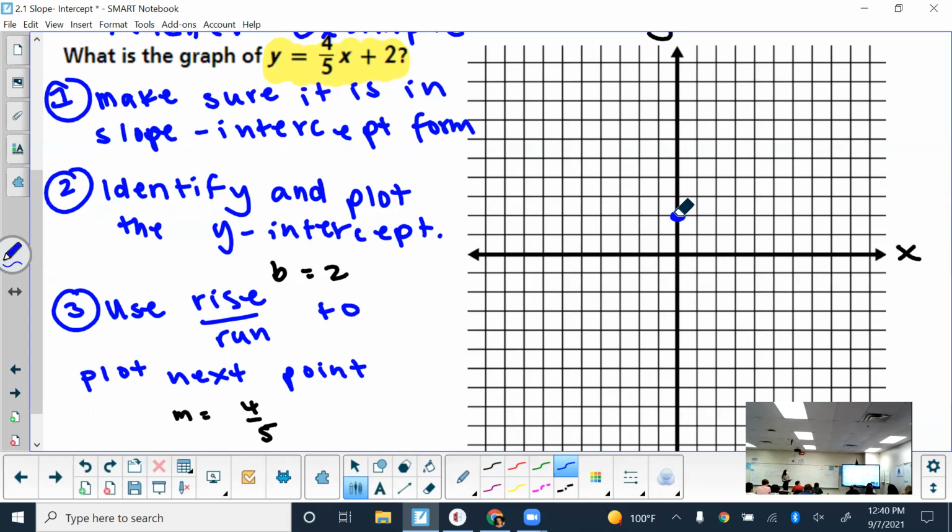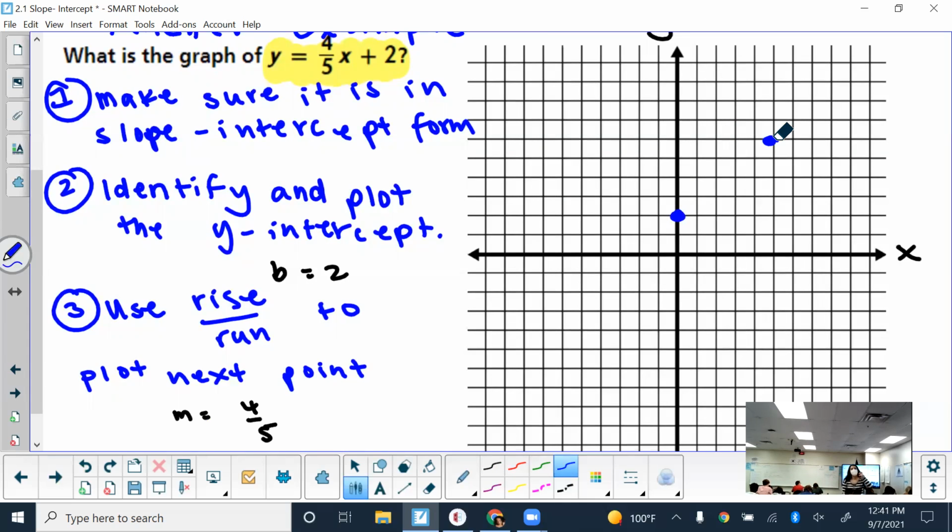So from the y-intercept that you made, go up 4. 1, 2, 3, 4. And don't make your dot yet, because you have to do your run. Your run is always going to be to the right. So how much to the right am I going? 1, 2, 3, 4, 5. All right, and then make your other dot.